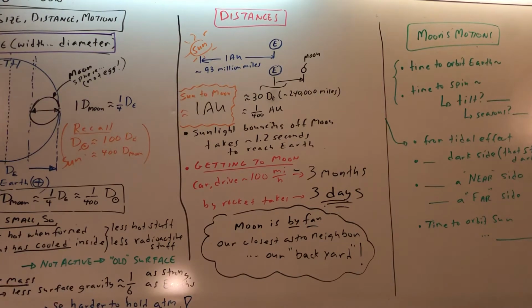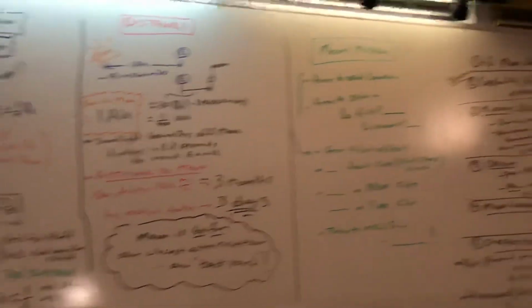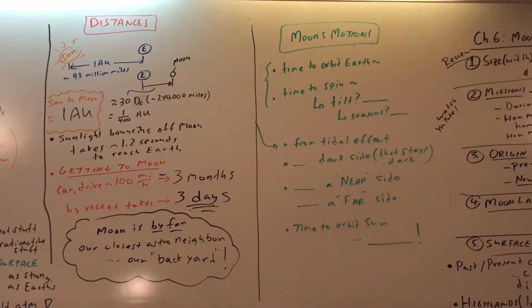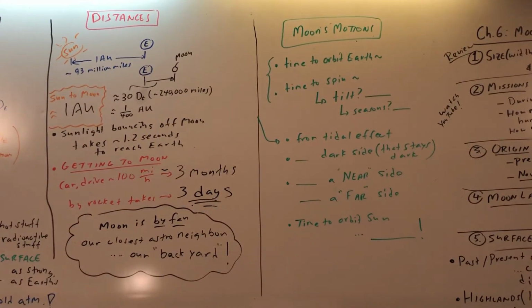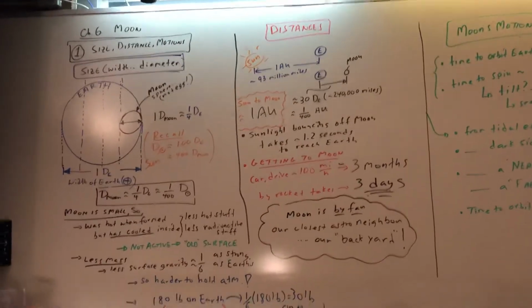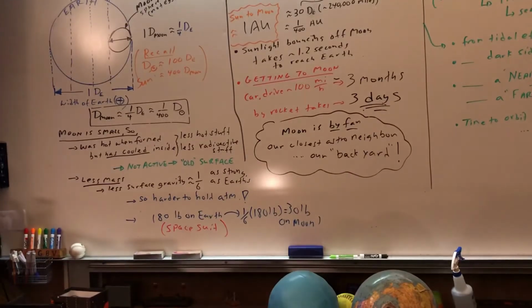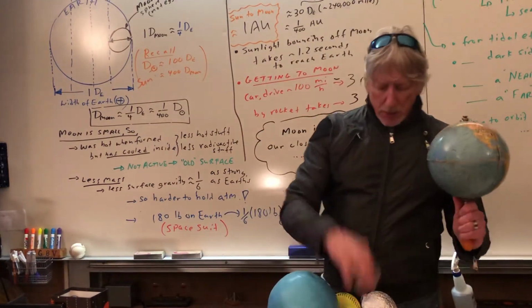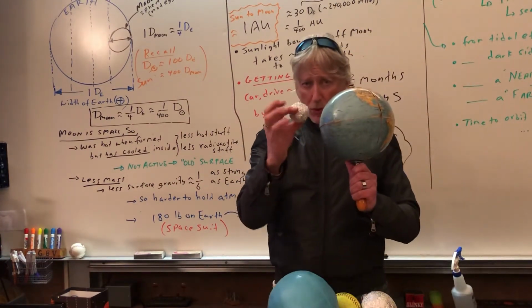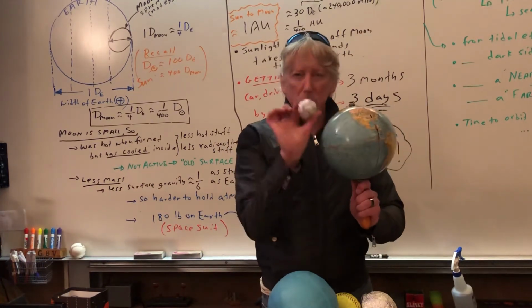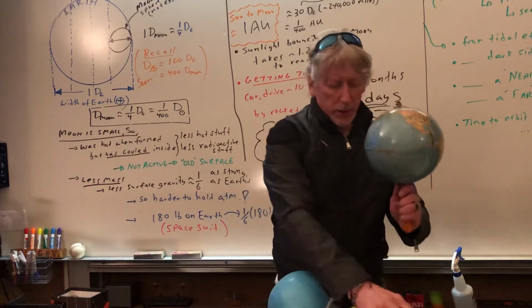Because this is going to tell us a lot about Moon as a world. Oh, by the way, let me do this. If you have a globe, this was 20 centimeter diameter, a foil ball, reduced to 1/4 of that. Moon, Earth, here's Earth.